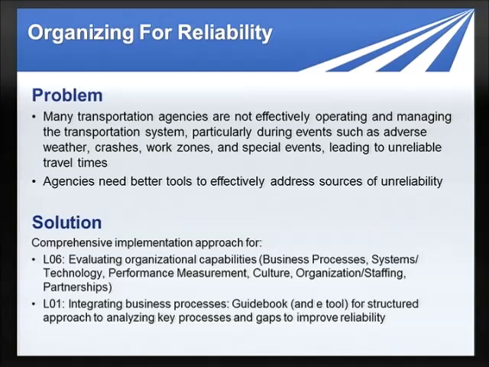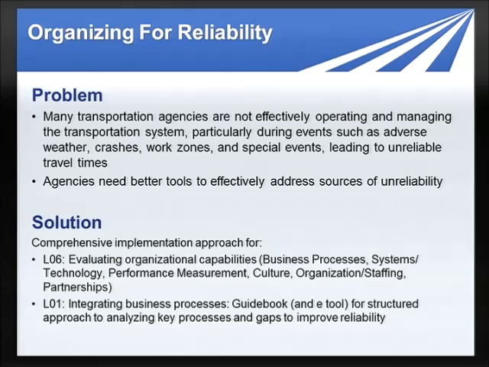And in the case of clearing an incident, as you'll hear from Paul, there's a lot of other players that are a part of that, and how well they all work together is very much related to how long it takes to clear those incidents.